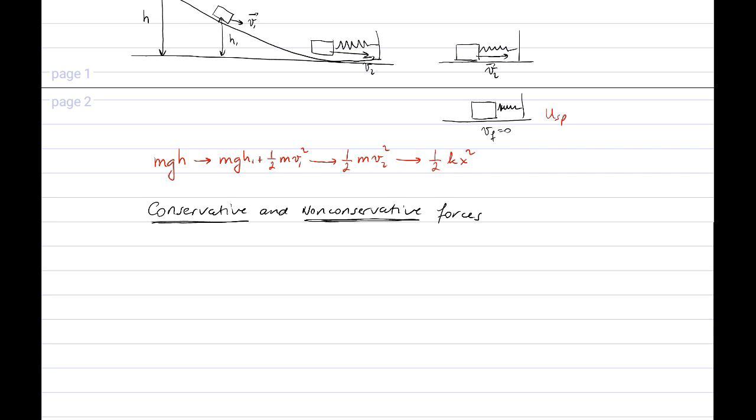Energy will not be conserved when non-conservative forces act. There are other terms that mean the same thing. A conservative force is a path-independent force, and a non-conservative force is a path-dependent force.